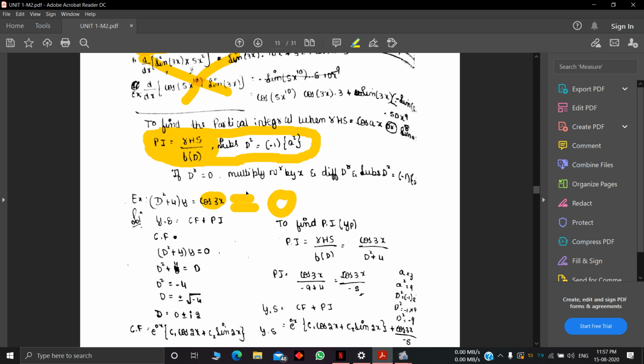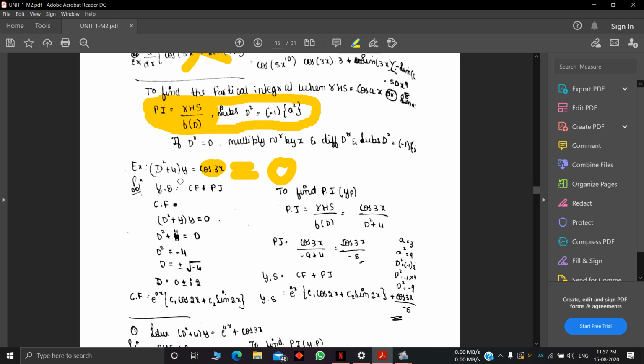For dealing with non-homogeneous questions, the complementary function is not enough. We need another thing, that's the PI, in addition to the complementary function, to find the solution.